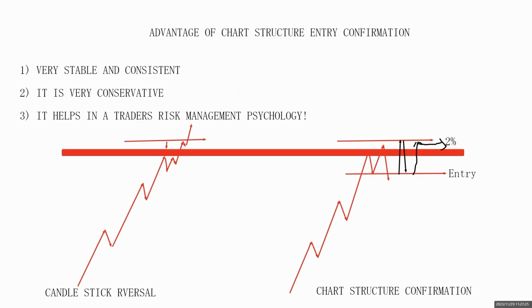able to breathe. If the market gives me a confirmation right at this point and it goes against me to hit this out, then I know that the direction is wrong. That means the market is giving me a continuation of the upward trend.